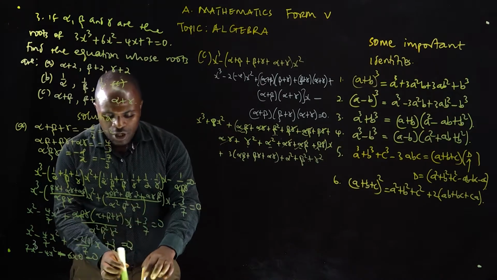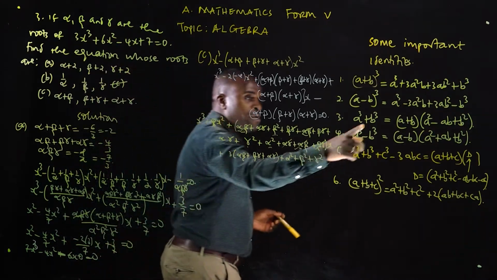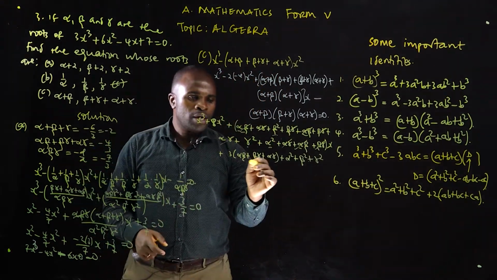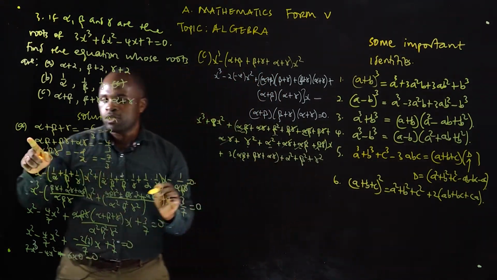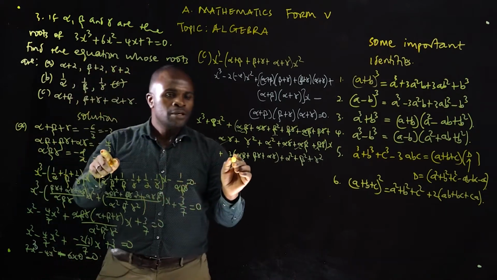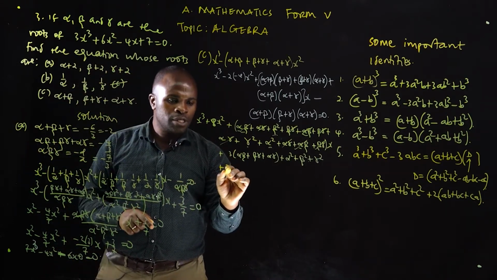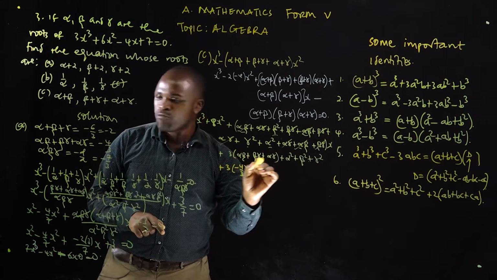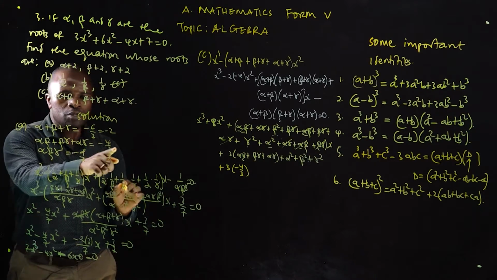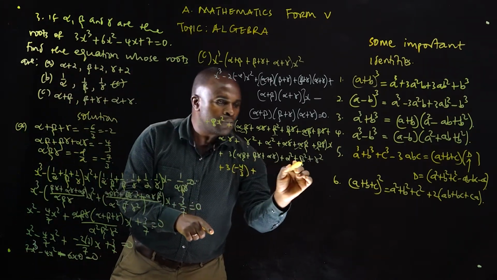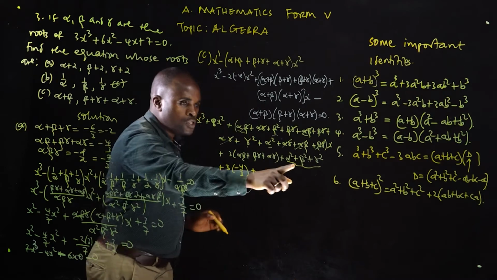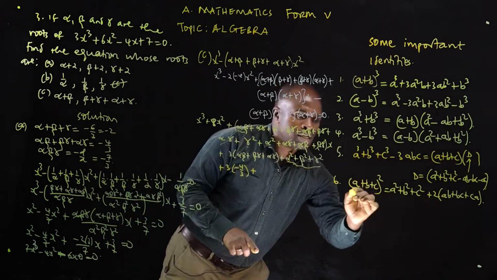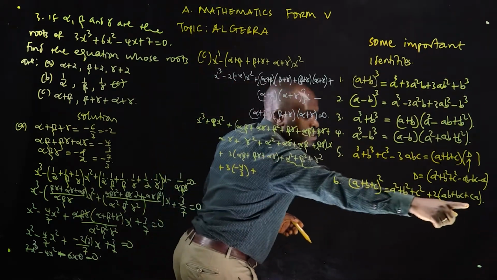Now that is where the challenge comes, and that is where the importance of identities works. With this one, we have the sum of pairs of roots, which is negative 4 over 3, so we will be saying 3 times negative 4 over 3. This is the part of the sum of pairs, where the result is known. But the challenge now is how do we get this? This is simply obtained from this important identity.